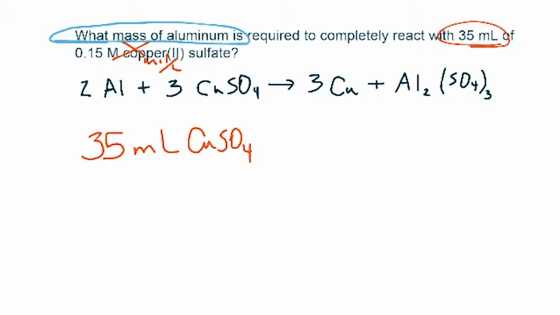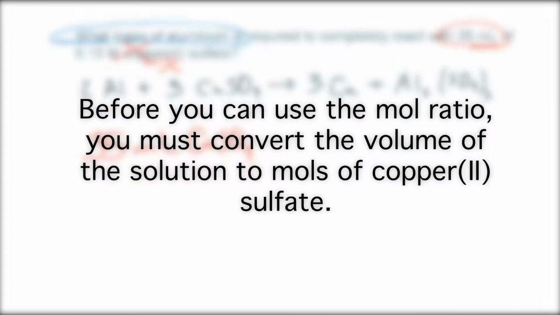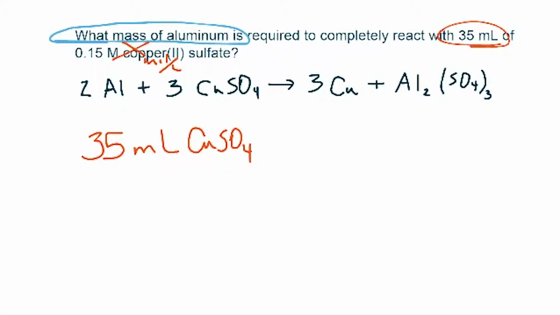However, the unit that we're given is not moles of the copper(II) sulfate, it's the volume of the solution. So the first thing I'll have to do before I can use my mole ratio is convert from the volume of the solution to moles of copper(II) sulfate. And what is the bridge that converts the volume of a solution to moles of solute? Well, that's the concentration, in our case, molarity.